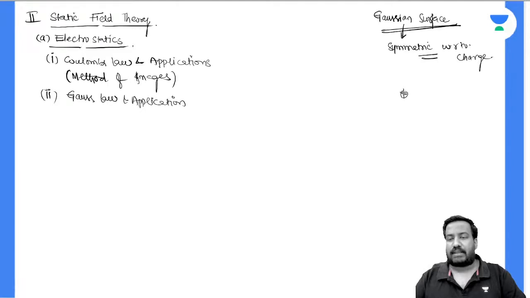For point charges, the Gaussian surface is a sphere. Example.